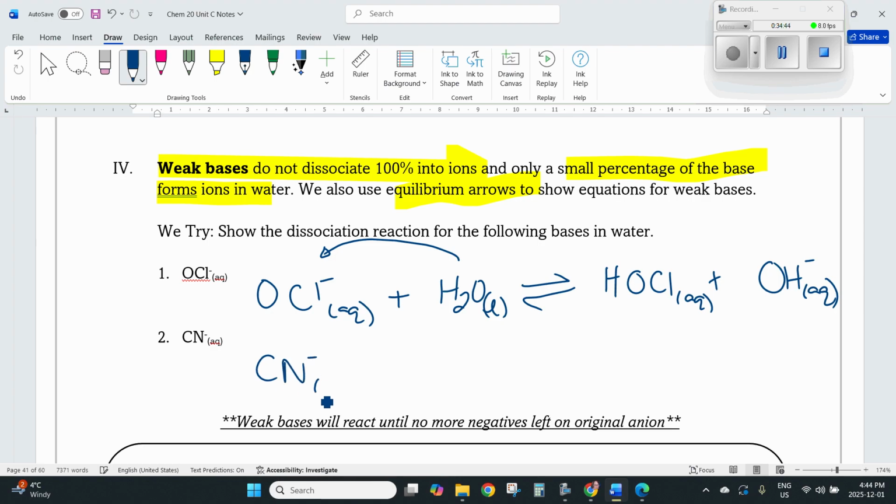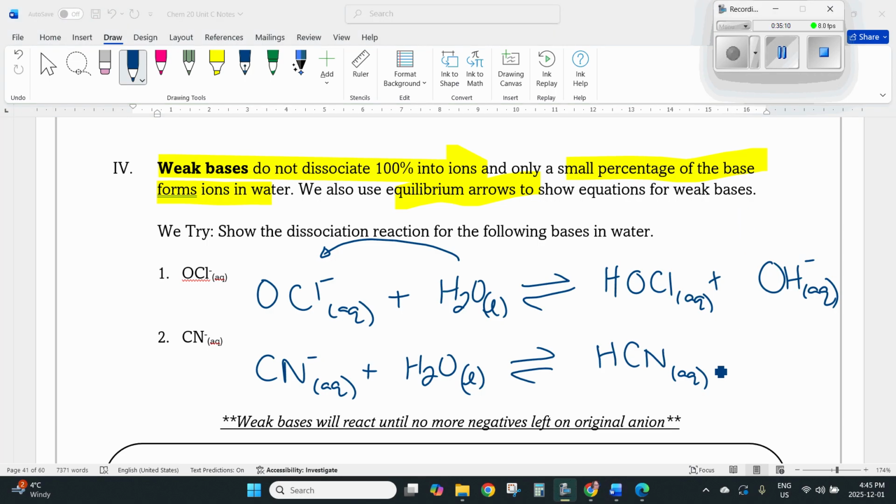Next one, we have CN minus, aqueous. It's not a strong base, so therefore we add it in the presence of water, liquid. Therefore it has to be weak if it's not strong. So again, the water is going to donate. We add a hydrogen to our CN minus, and HCN becomes aqueous.